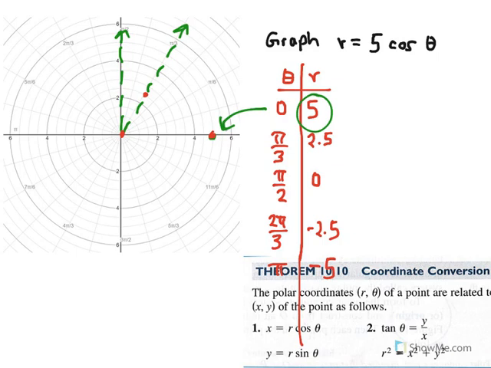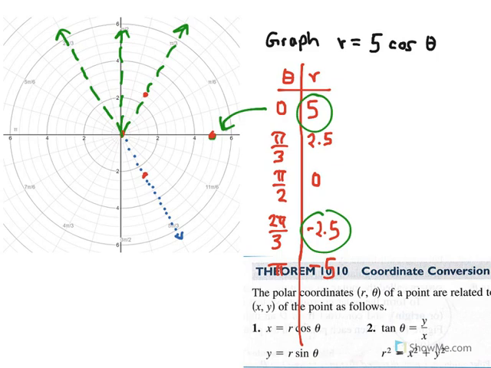So we have 2 pi over 3, which would be right here. And you'll notice that r is negative 2.5. So we have to locate a point that is on the opposite ray from the radial line, from the terminal side of the angle, and 2.5 units from the pole. So that would be right here.